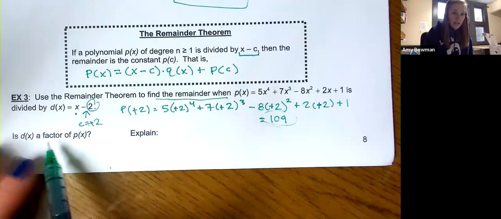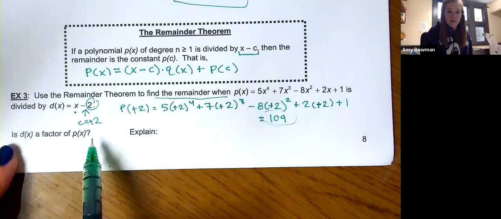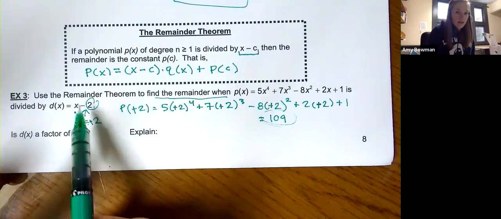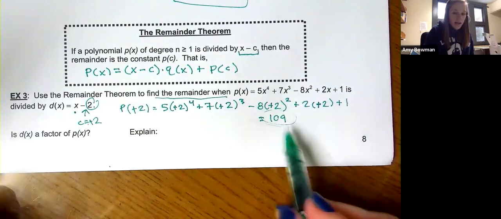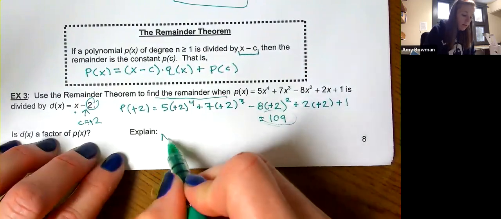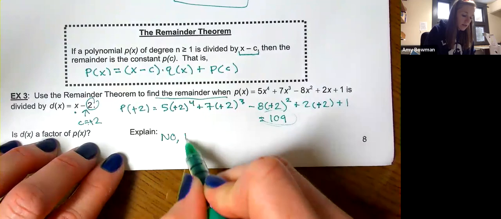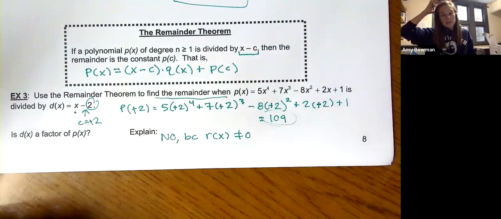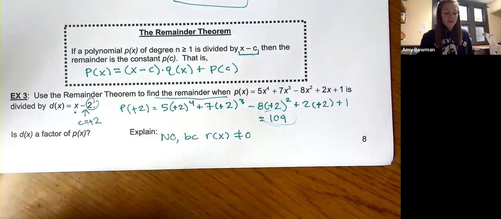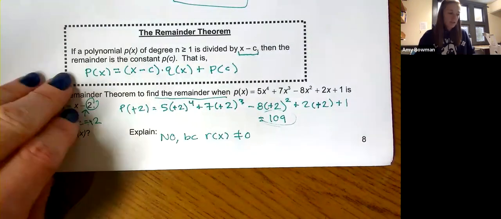So is d of x a factor of p of x? Is x -2 a factor of this polynomial? Well, considering it had a remainder, no, because r of x isn't 0. If the remainder isn't 0, the divisor will not be a factor, just like with integers.